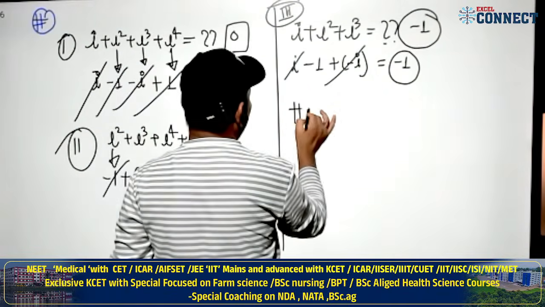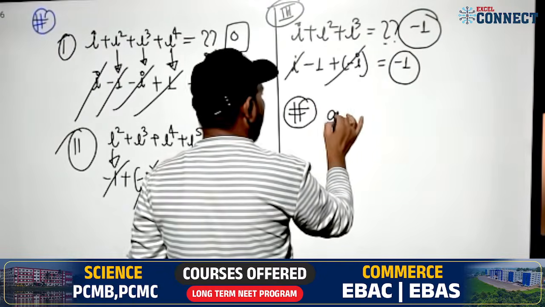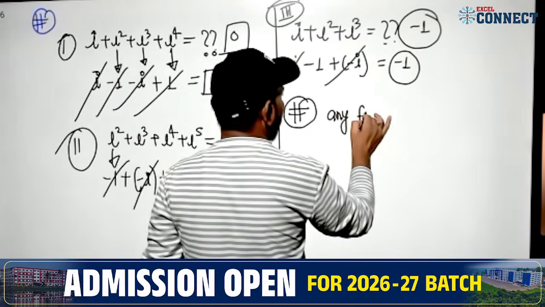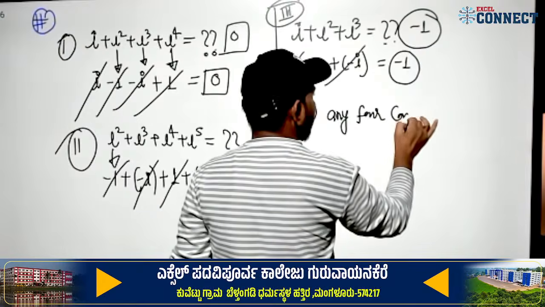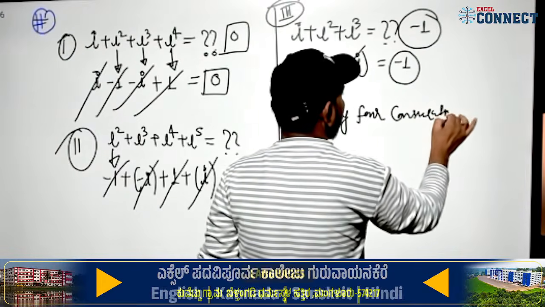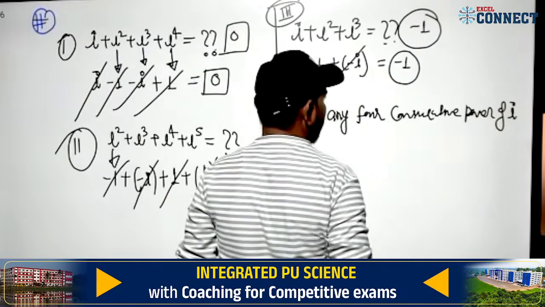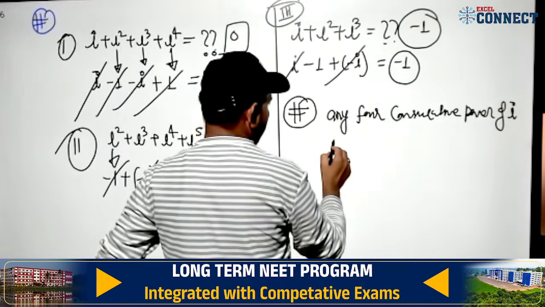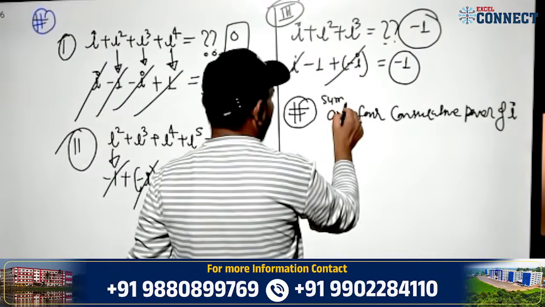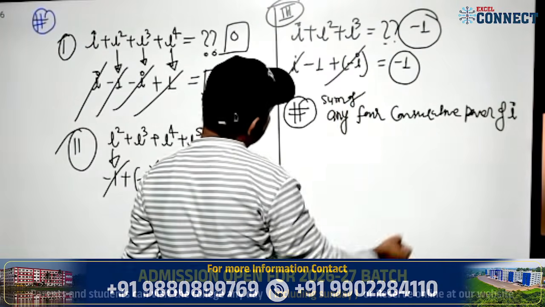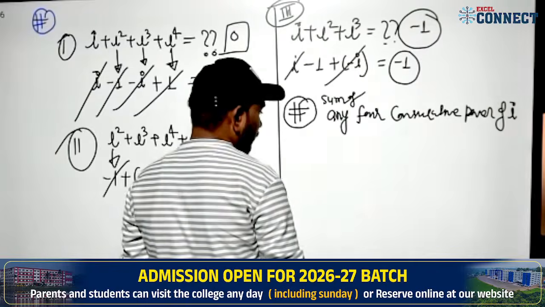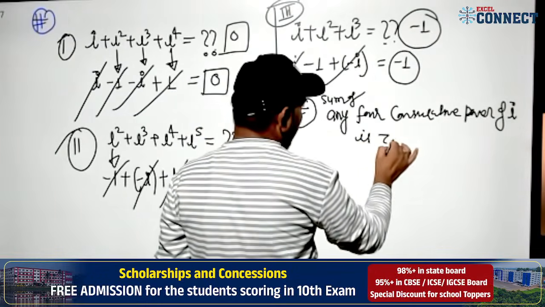Any 4 consecutive powers of iota, the sum of any 4 consecutive powers of iota is 0.